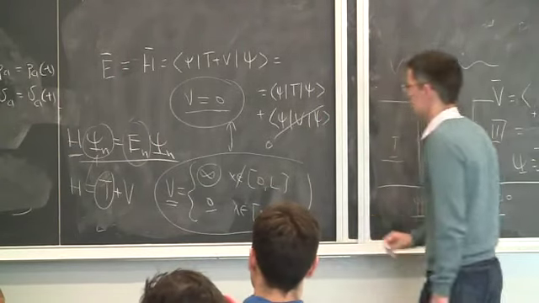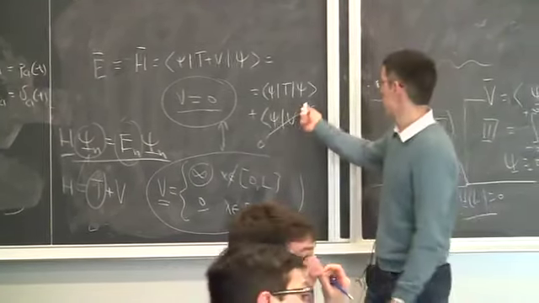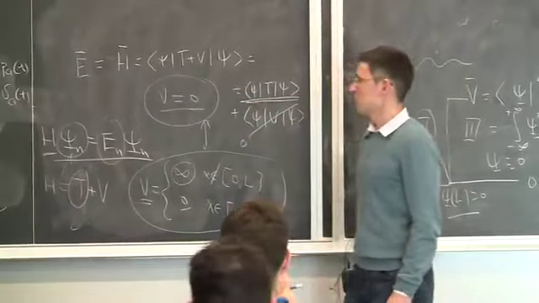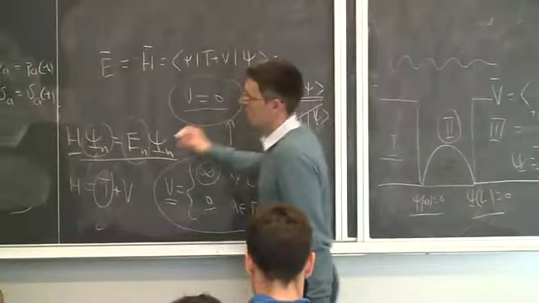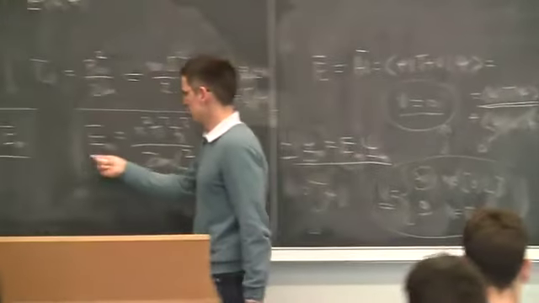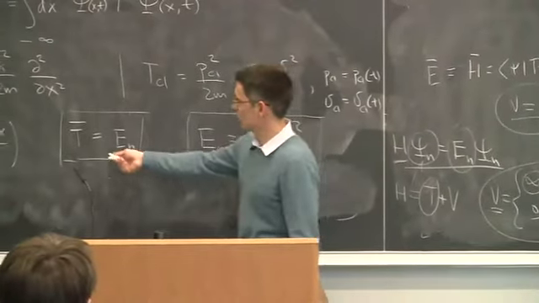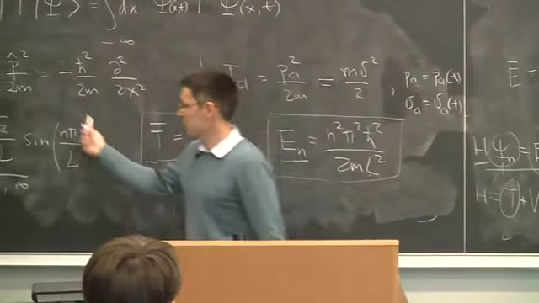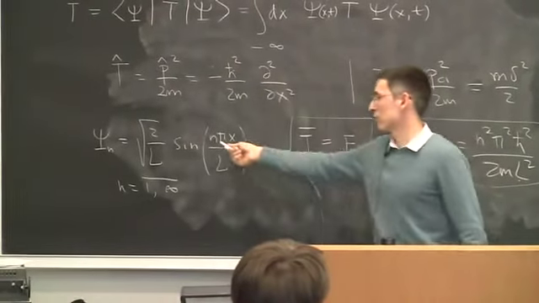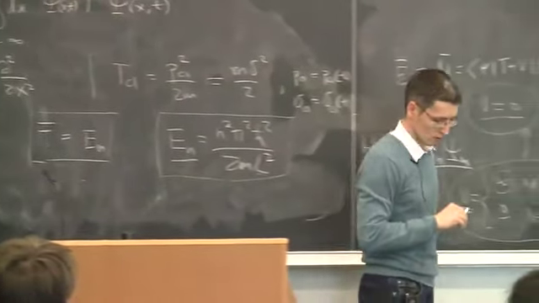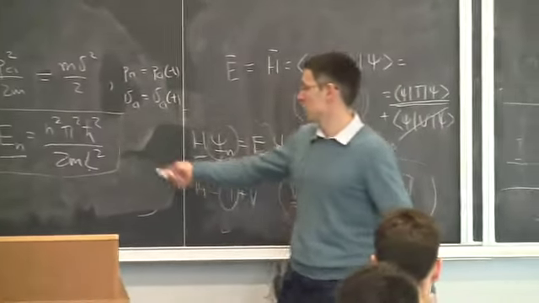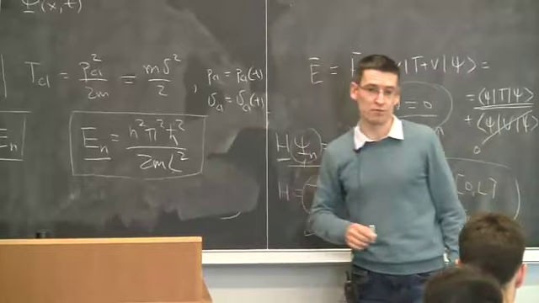We just showed that. So all the energy is kinetic energy. This is the average kinetic energy, and this is our energy. So for any function like this, depending on n, of course, we have a kinetic energy equal to some non-zero value that comes out of the solution.